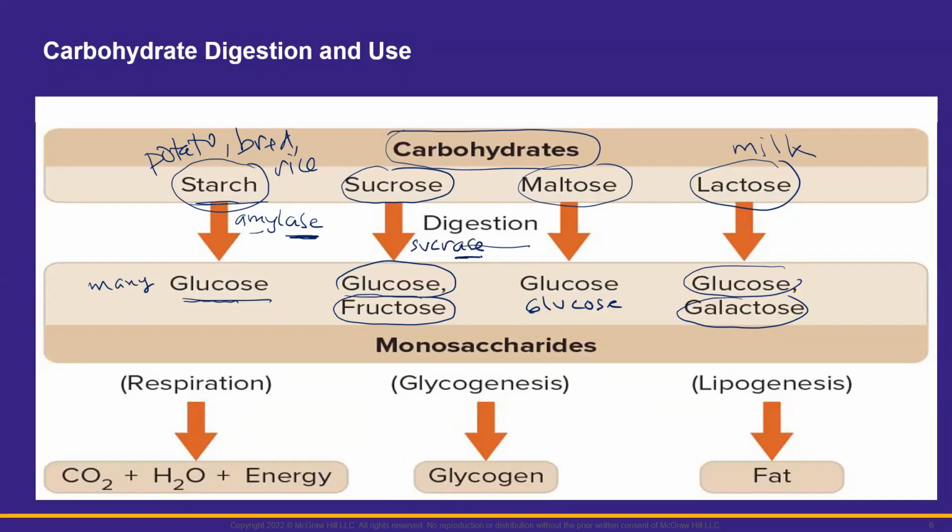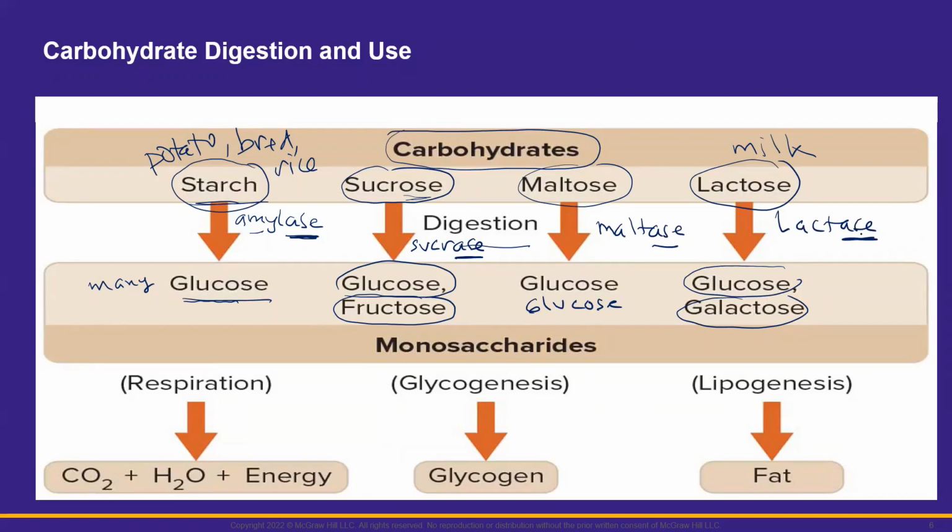So the -ase refers to the enzyme that digests sucrose, and sucrose is the substrate. Maltose is digested by maltase to produce glucose and glucose. Lactose in milk will be digested by lactase. That's the name of the enzyme that digests lactose into glucose and galactose.